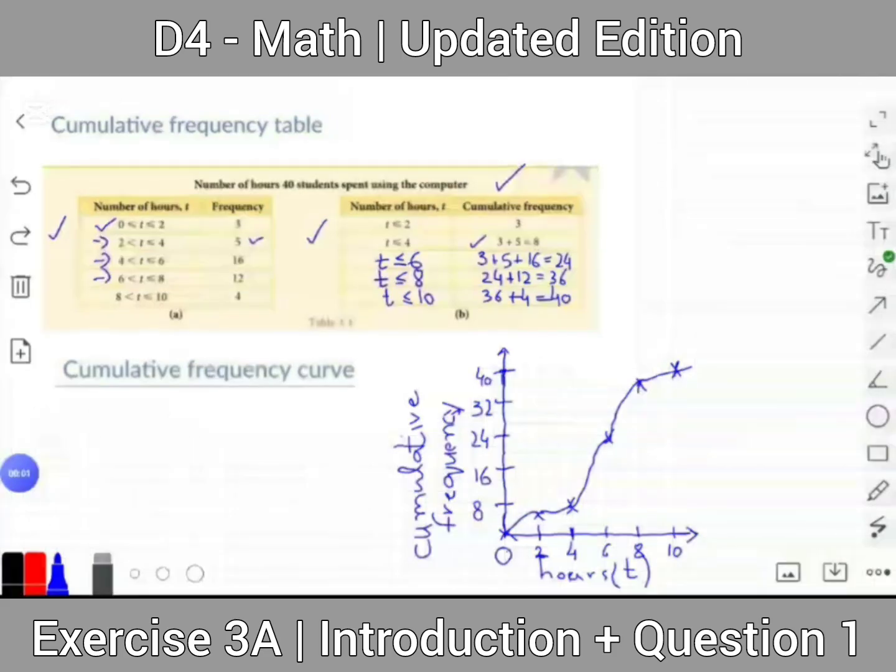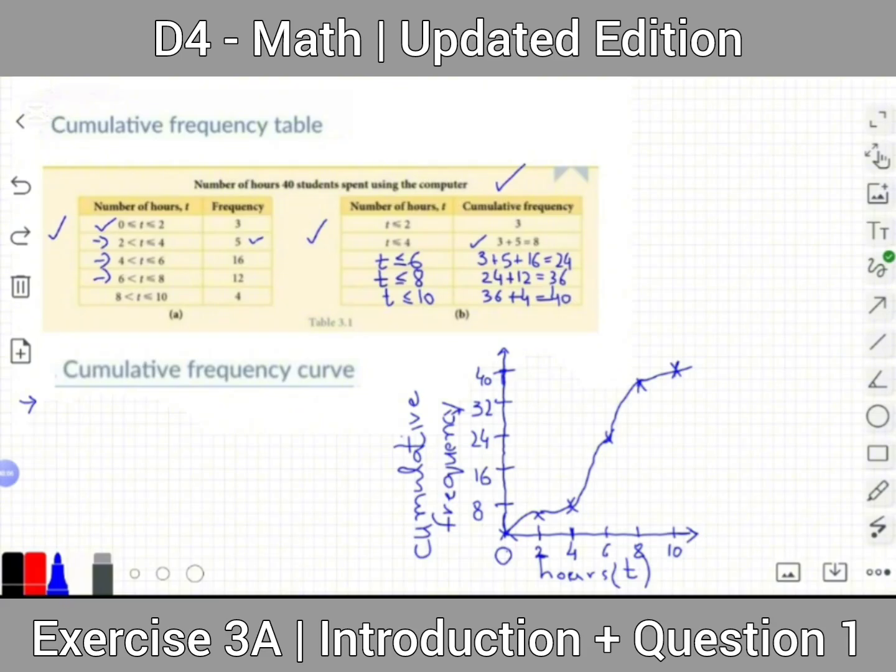So here we will write down the points to draw a cumulative frequency curve.